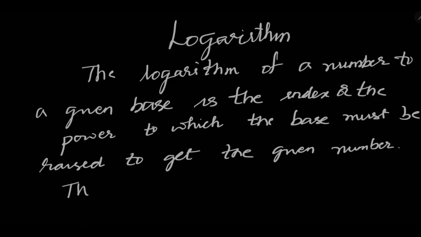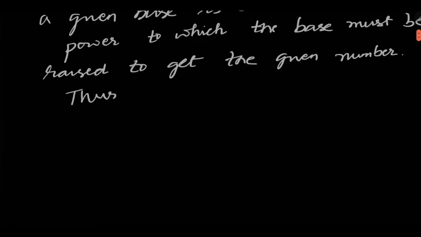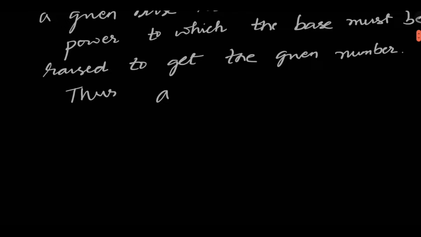Thus, if we have a to the power m is equal to x, then this can be written as m is equal to log of x to the base a.